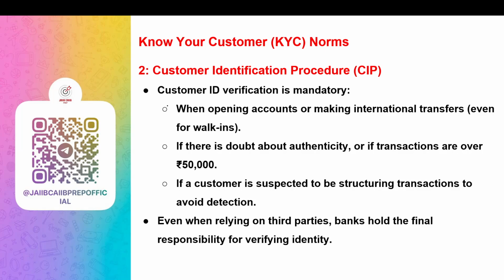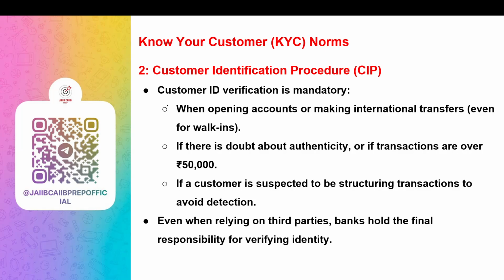If there's a doubt about an existing customer's identity, when selling any financial product worth more than 50,000, or if a customer walks in and does a transaction of over 50,000, or if the customer is trying to split big transactions into small ones to avoid limits, more particularly known as structuring. For example, say I walk into the bank and I come thrice a day and deposit 49,000 each time.